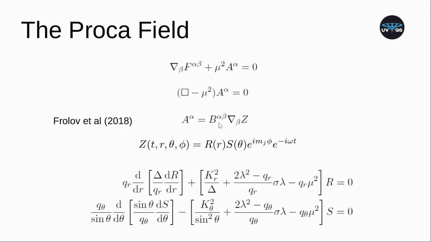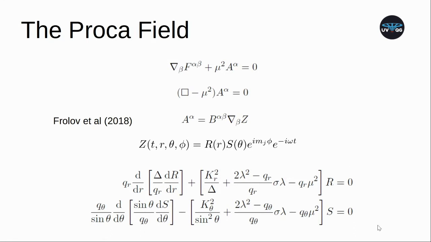Using this ansatz, where P is the polarization tensor and Z is an auxiliary complex function, after a lot of work we end up with these two ordinary differential equations, where lambda is the separation constant.